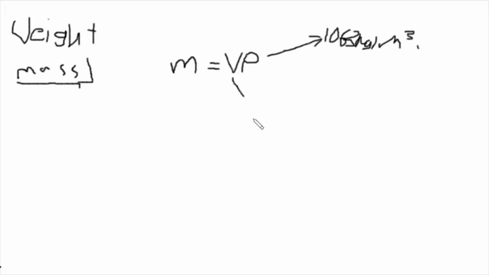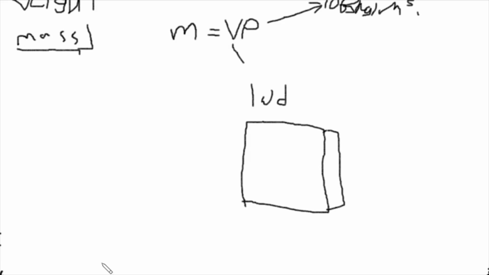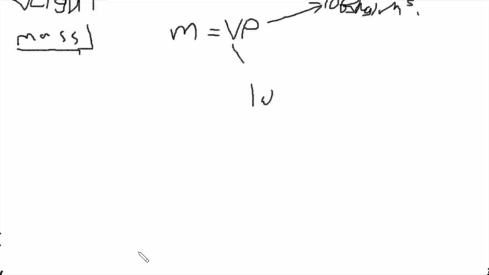For our volume, this is equal to length times width times depth. And I have confirmed that Big Chungus kind of looks like a square on one face, but on the next face, it's a third. What I mean by that is, we know that Big Chungus, let me draw the Big Chungus.